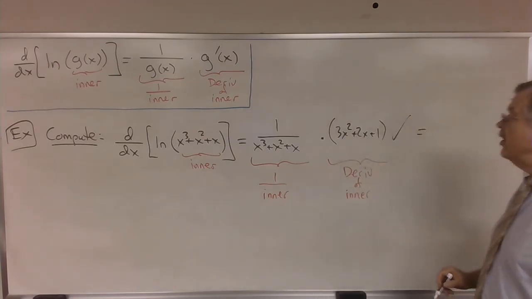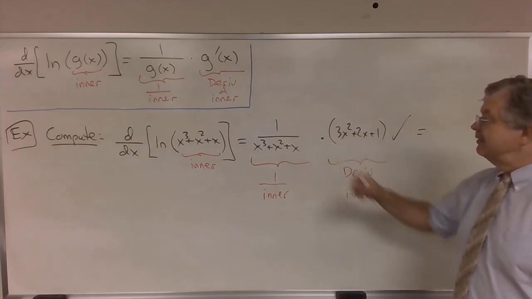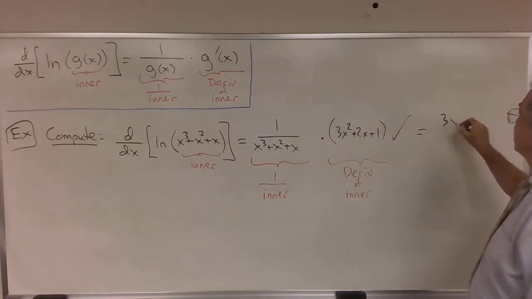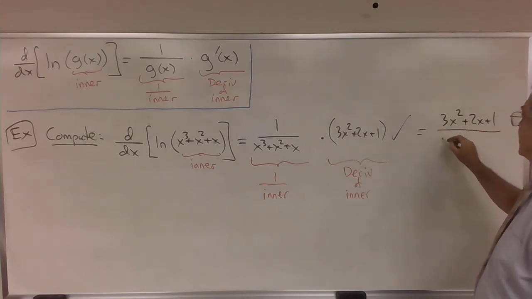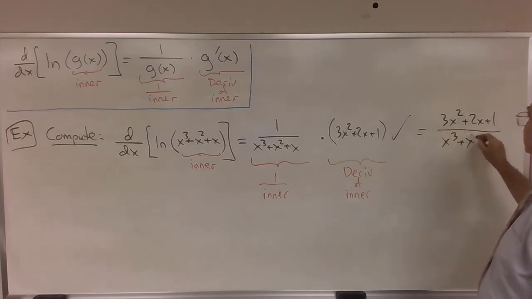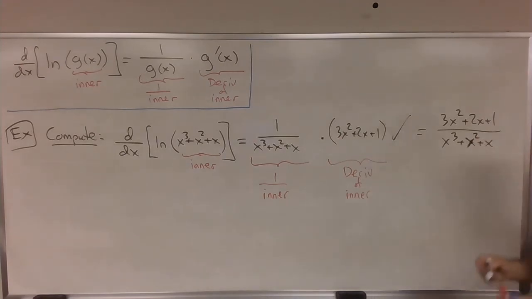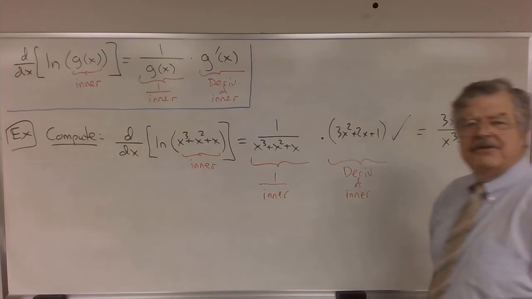Or if we want, we can just simplify it: 3x squared plus 2x plus 1 over x cubed plus x squared plus x. This is how we compute the derivative of the natural logarithm of something. Let's do a few more.